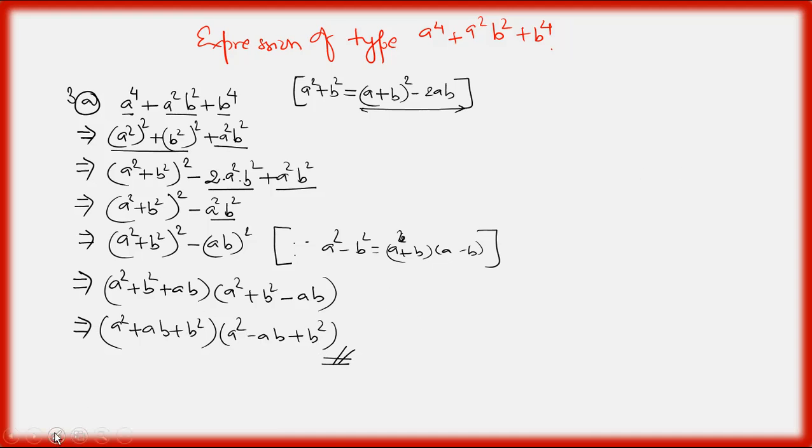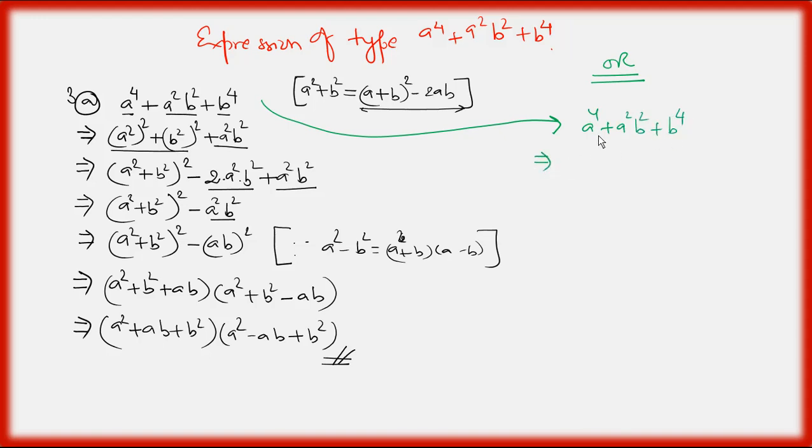Sometimes we can apply another rule. I think in the first rule you don't have any problem, but from this step I will solve the same question another way, dear students. You can see here we have given a4 plus a square b square plus b4.